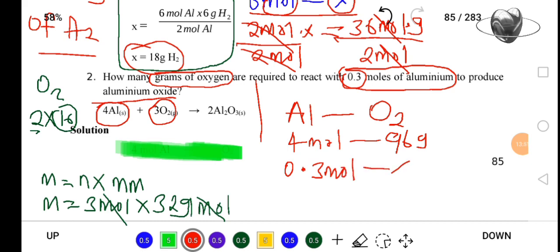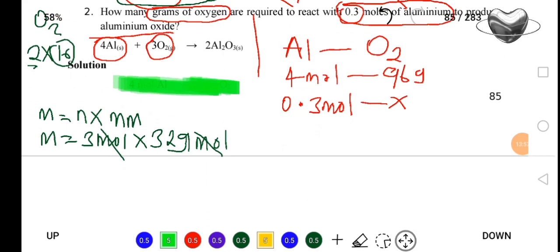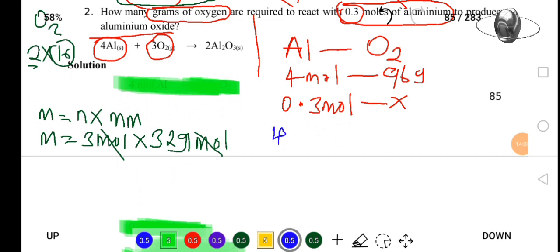Here we are going to say X. So looking at this, we are going to say 4 moles, X equals, when we multiply this, we are going to find, let me just confirm using the calculator.